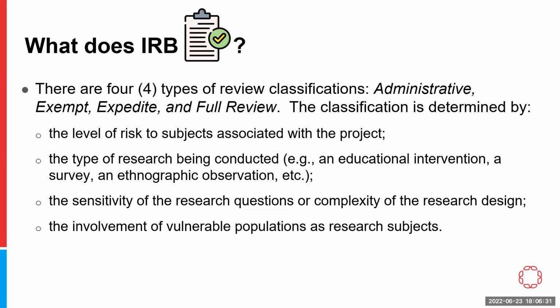These classifications are determined by the level of risk to the subjects associated with the project, the type of research being conducted, whether an educational intervention, ethnographic observation, survey, questionnaires, or interviews, the sensitivity of the research questions or complexity of the research design, and the involvement of vulnerable populations as research subjects.